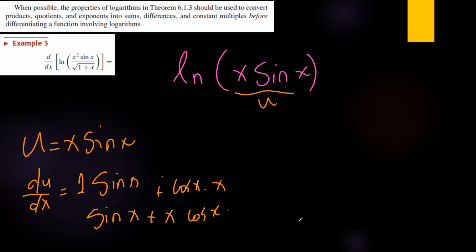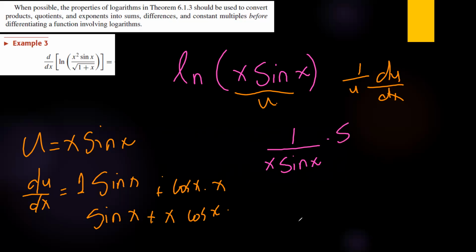Then we say that it is 1 over u du over dx. 1 over u is 1 over x sine x, and up here we have sine x plus x cosine x.